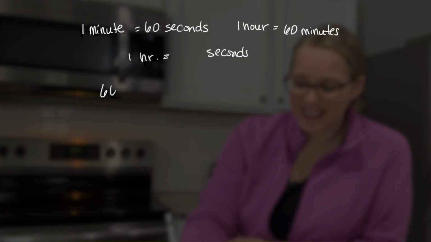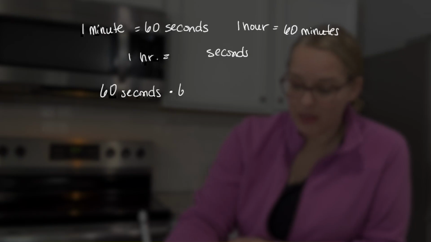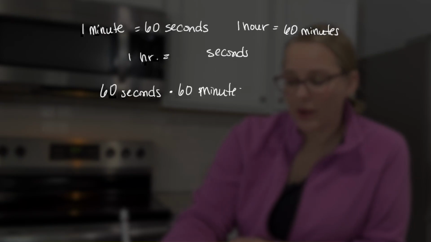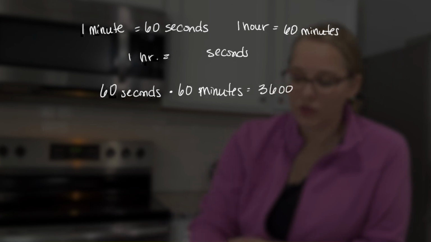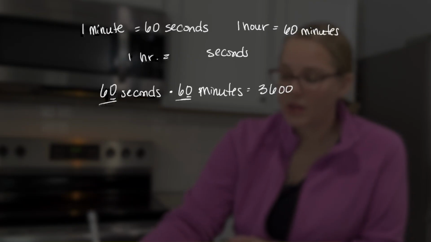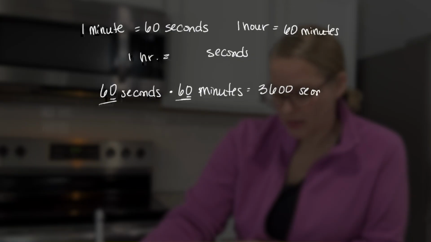So 60 seconds in 1 minute times 60 minutes in 1 hour would mean we have 3,600. So you just multiply these two together. 6 times 6 is 36, and you add your zeros from here and here. 3,600 seconds in 1 hour.